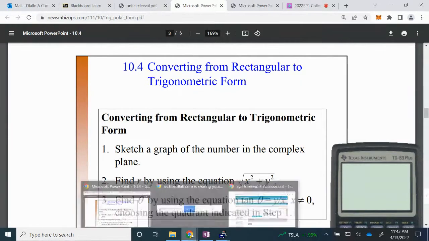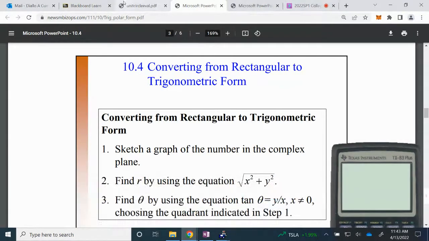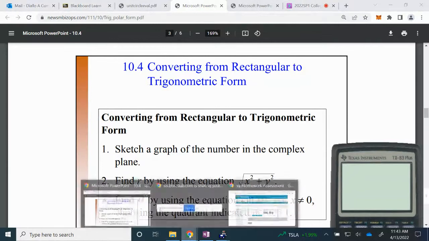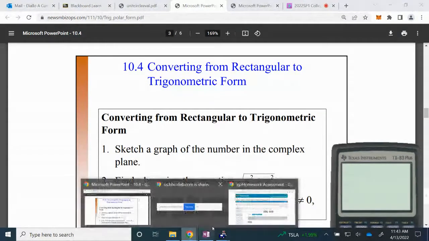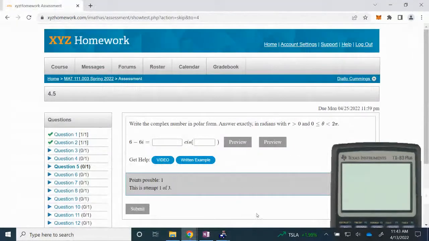So we're going to take a look at problem number 5. I'm going to talk about this cis thing in just one second. Let's write the complex number in polar form: 6 minus 6i.